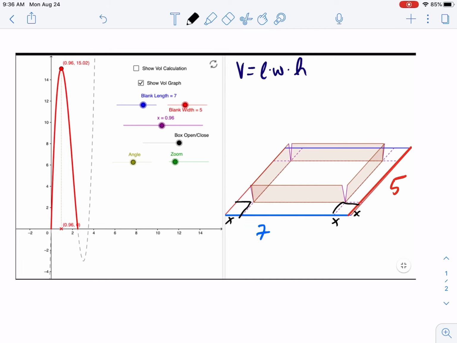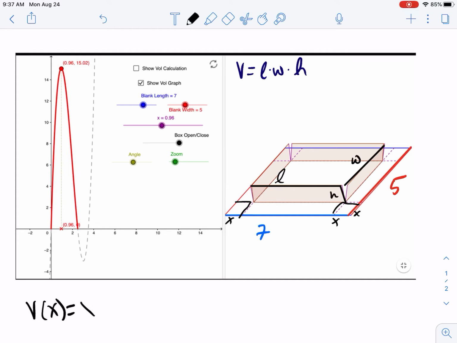The portion that we cut out ended up being our height. So we have our new length, our new width, and our height.